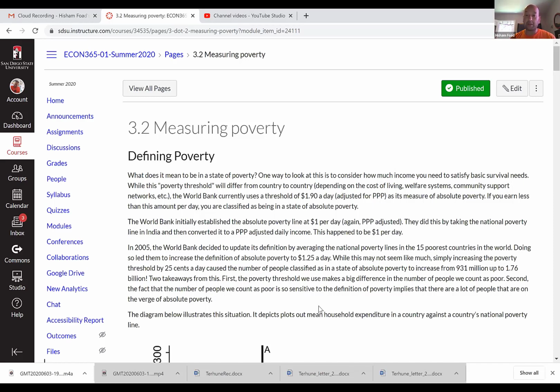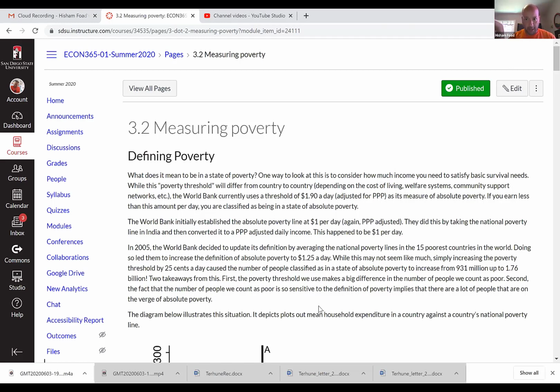The number of people that were classified in a state of absolute poverty increased from 931 million to 1.76 billion. So more than three quarters of a billion people went from not being classified as absolutely poor to being classified as in absolute poverty. Now, for those people, it didn't really matter to them.